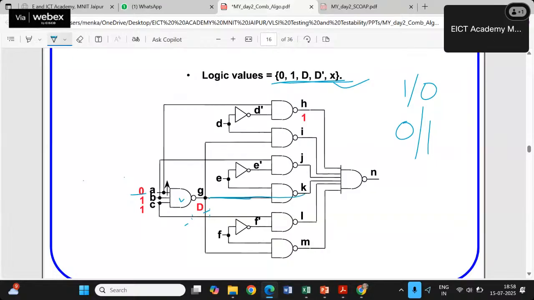You can take this path, or this path, or this path. Out of those three, you can take any one.